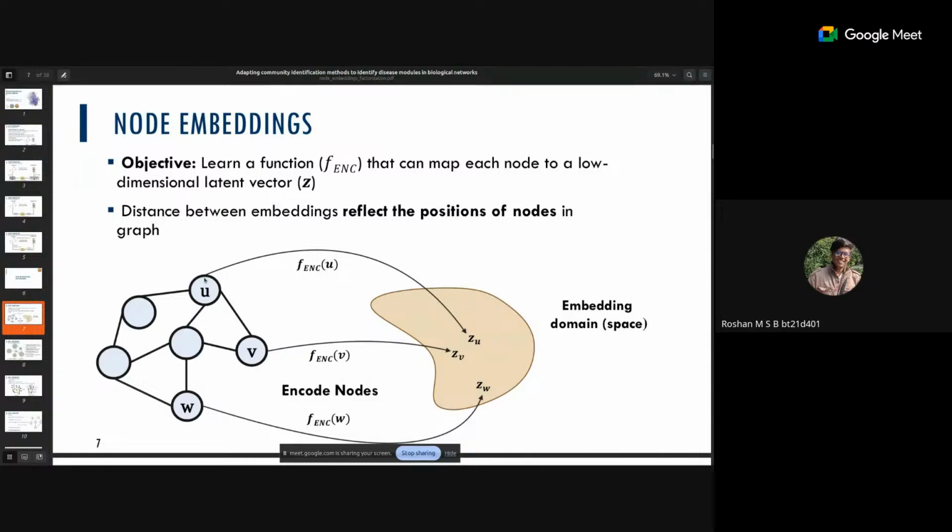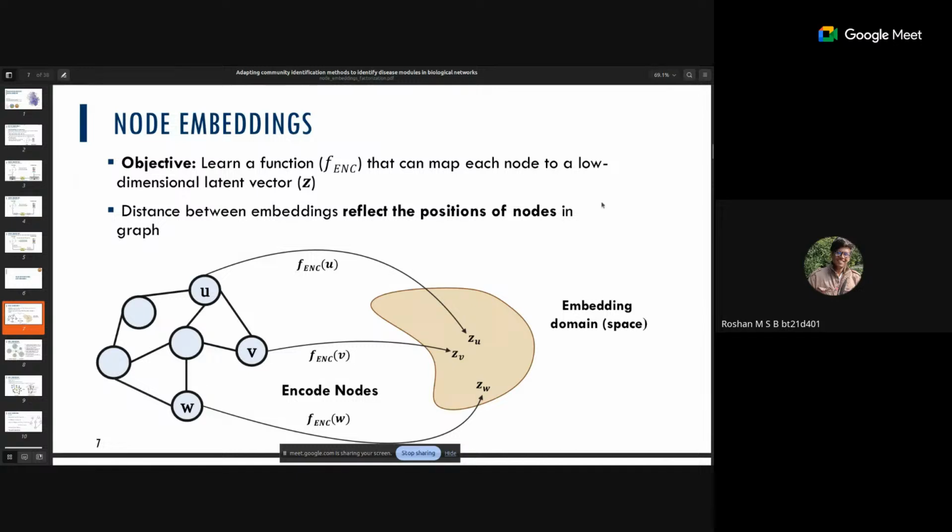So if you talk about node embeddings, you have a vector associated with each node. The property of these vectors in the embedding domain is that when, let's say, u and v are adjacent in this graph, the corresponding embedding vectors are also close to each other in the embedding domain. So that's what it's written here.